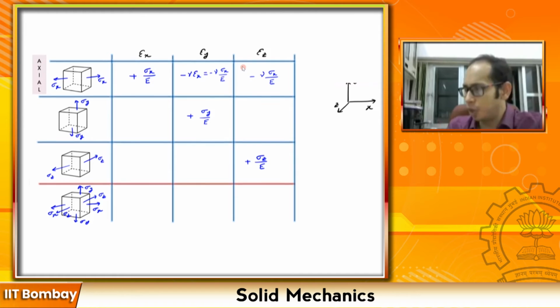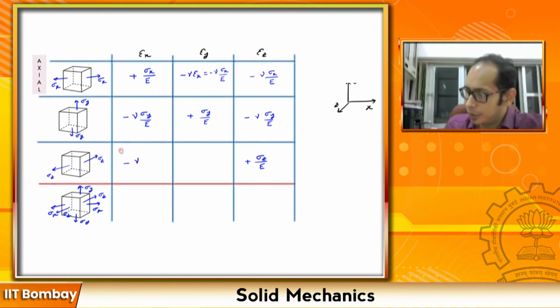Now, can you help me and try to fill up these different blocks of this particular matrix? Yes, you can, because now you know how to do it. Again, for this one, remember sigma y. So what is going to be my epsilon x over here? If you follow the analogous derivations, epsilon x is simply going to be negative of nu sigma y divided by E. This one is also negative of nu sigma y divided by E. Let's come to the last one, where the stress is sigma z.